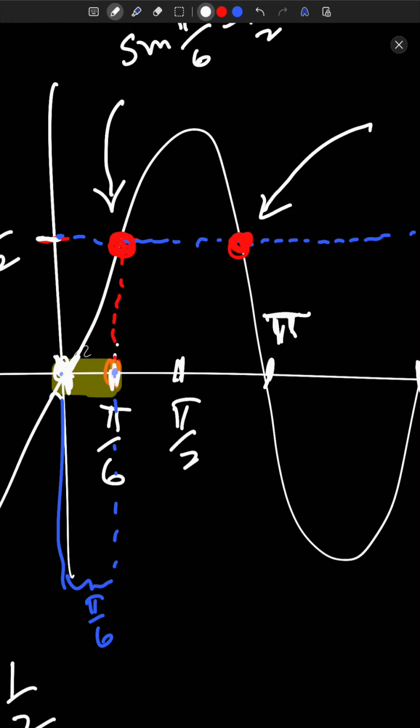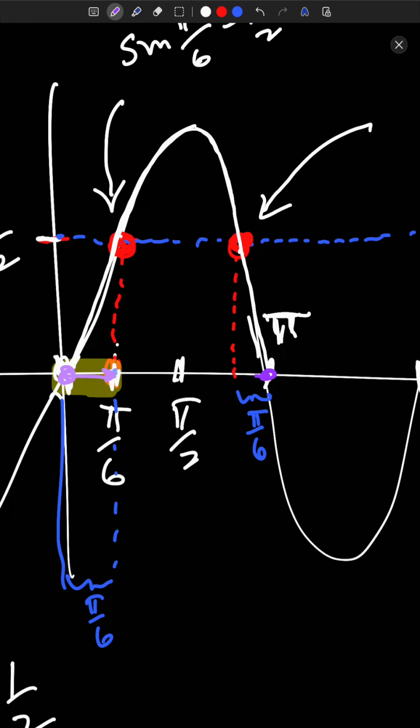Now, this hump right here of sine is symmetric to the other hump on the other side of pi over 2. So if this height from here to here is 1/2, then this height also is 1/2 when this distance is pi over 6, because of the symmetry. If I move from here to here, that's a distance of pi over 6.